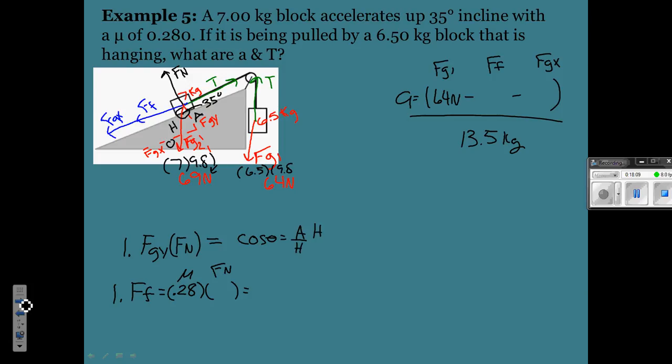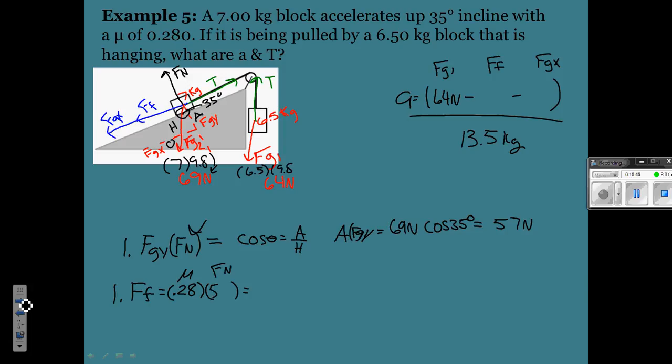So I solve for a, I just rearrange the formula. When I do, a, which is also my F of gy, equals my hypotenuse, which is 69 newtons, cosine of the angle 35. And so what I get when I do that is 57 newtons. That is going to be the same as my F of n right here.